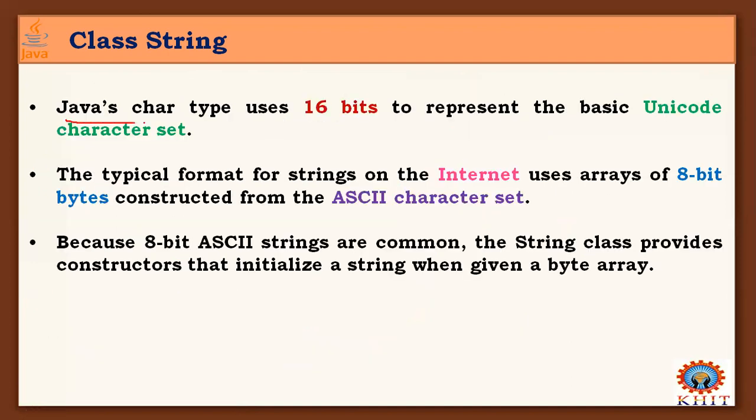Next one, Java's char type uses 16 bits to represent the basic Unicode character set. As in Java, generally it uses the Unicode character set, so it requires 16 bits to represent a character. So we know that in Java, characters are 16 bits in size, that is 2 bytes.